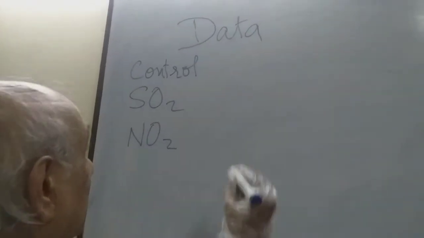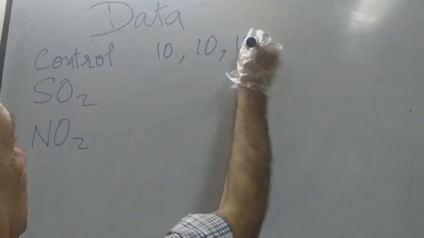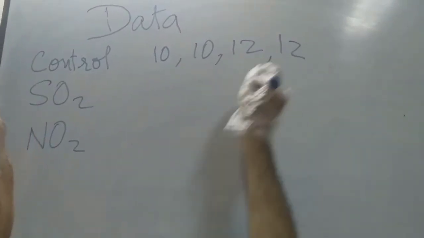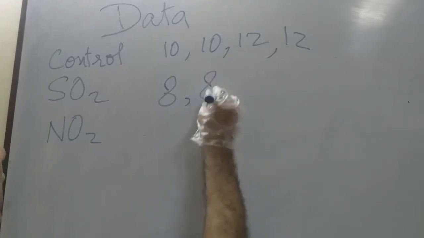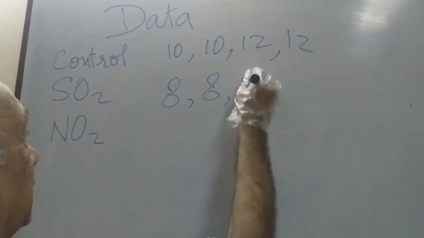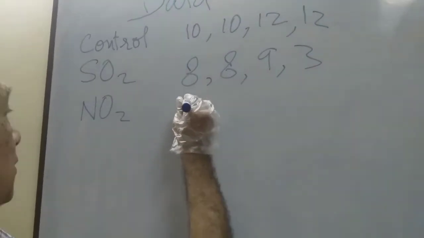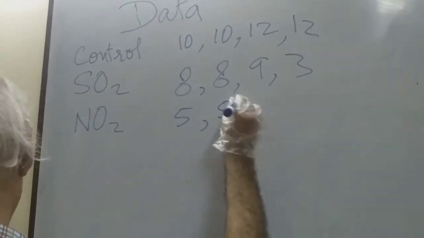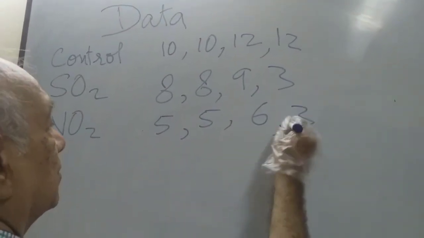And the values, height in centimeters, are 10, 10, 12, 12, 8, 8, 9, 3, 5, 5, 6, 3.